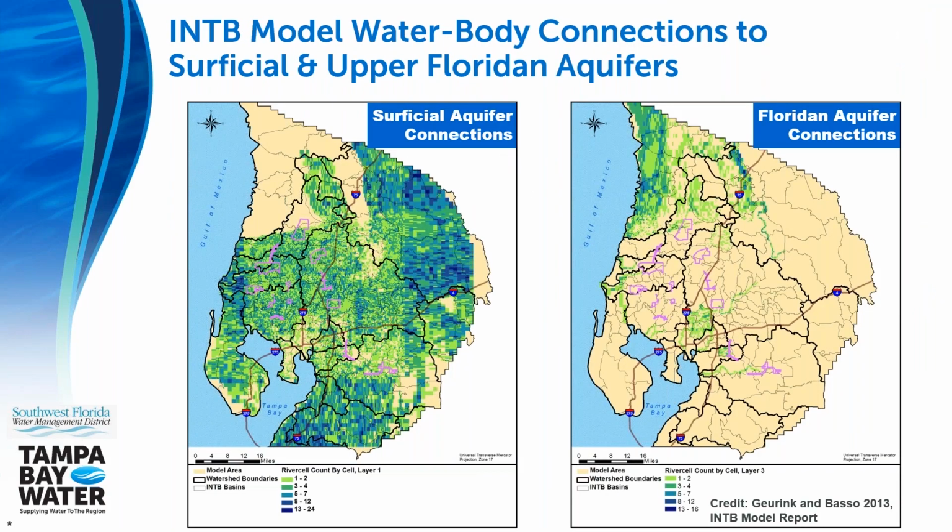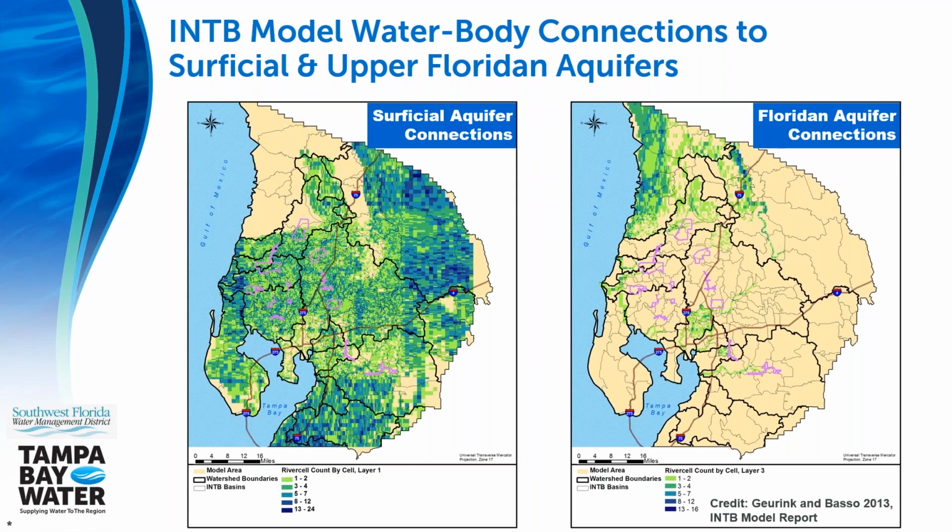Spatial distribution of this water body connection to the groundwater system is shown in these 2 slides, one for the Surficial Aquifer on the left, the other for the Floridan Aquifer on the right. Density is shown in green versus blue, blue being the highest density, where we can have multiple river cells in each groundwater grid cell. Note here that we have no connections in this area because this is unconfined Floridan.